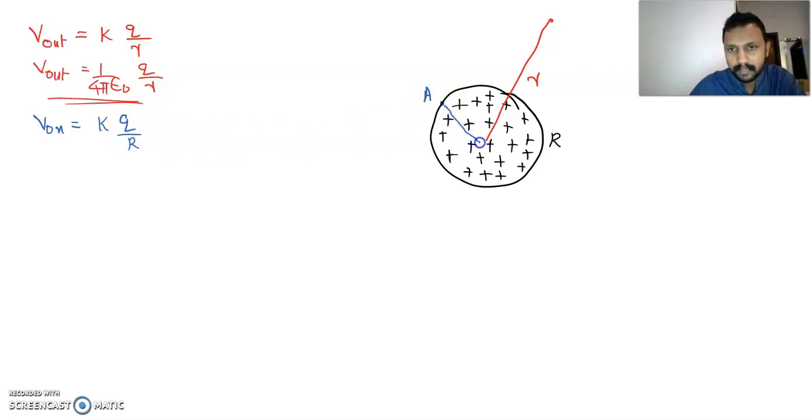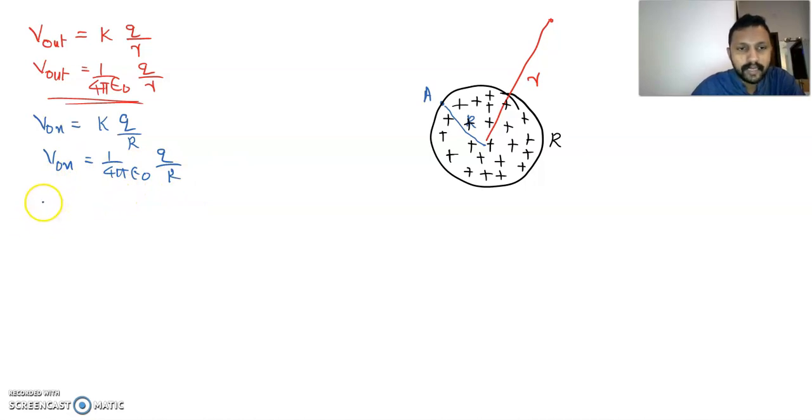Capital R is this distance. Then we could write V on the surface as 1 by 4 pi epsilon 0 q by capital R. Now we have the potential on the surface also.